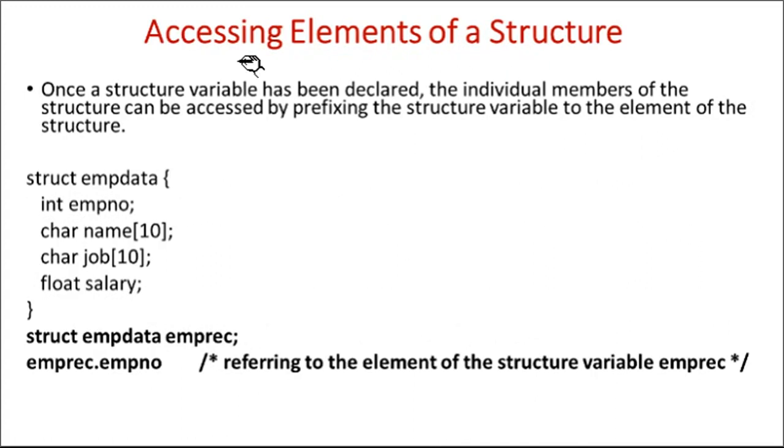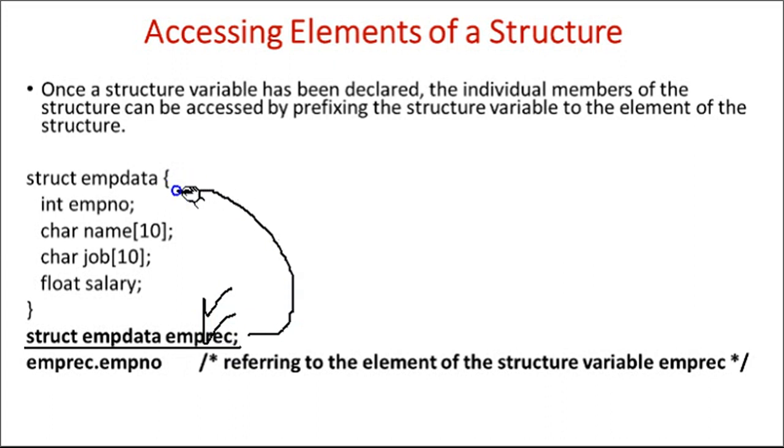Let's see accessing elements of a structure. Once a structure variable has been declared, the individual members of the structure can be accessed by prefixing the structure variable to the element of the structure. In the earlier example, we declared the variable with the statement struct emp data emp rec. So emp rec is the structure variable.